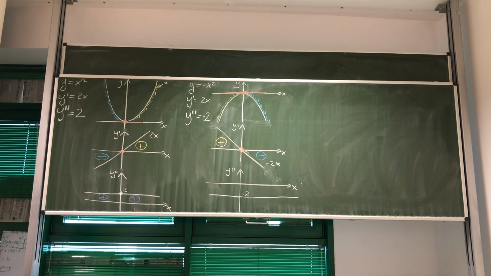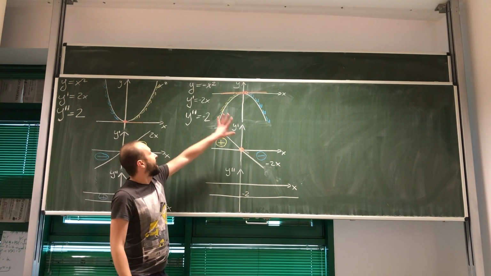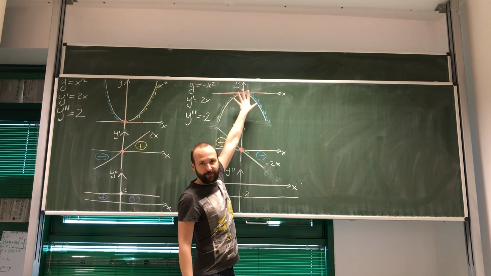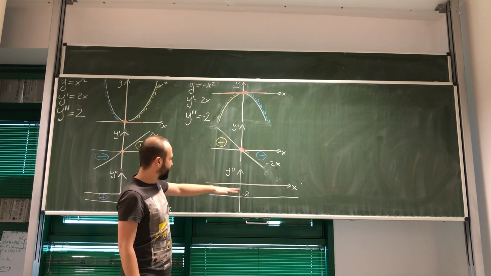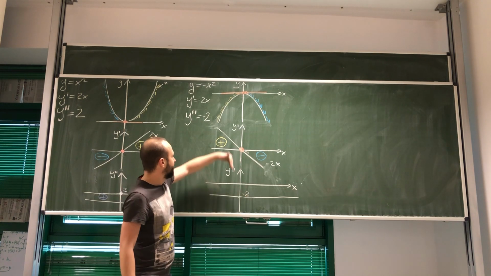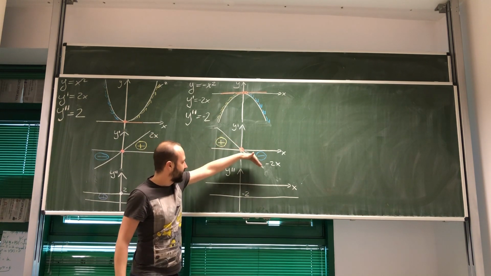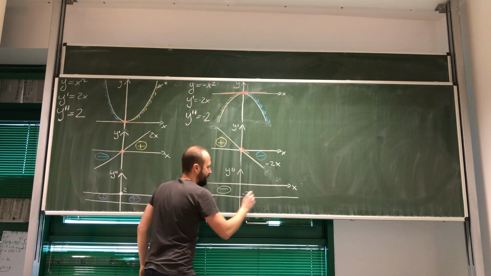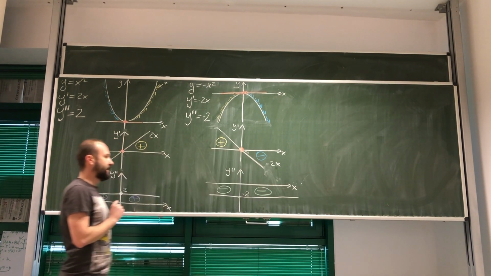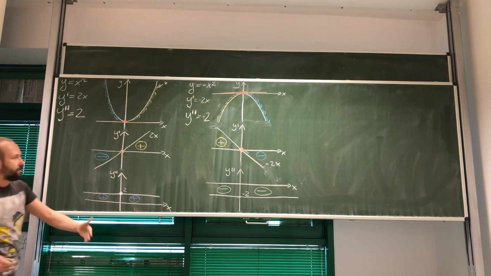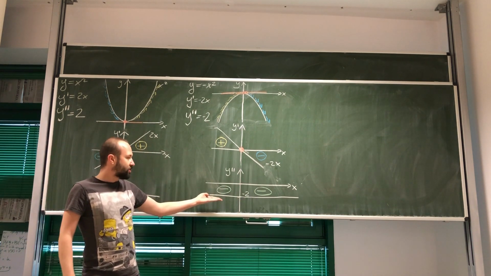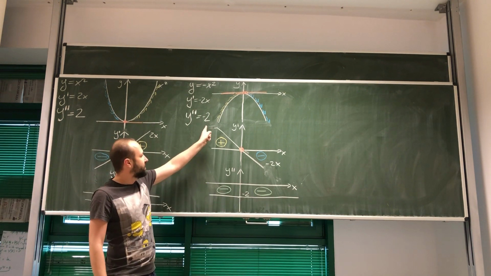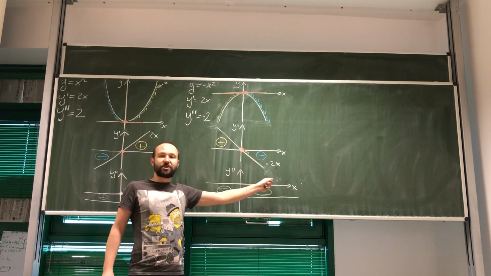And look, what can I say now? Again, for a second we forget about this, and look, this is the first derivative of this function, right? It tells us that it's always negative, right? So what does it mean for this function? If this is always negative, it means that this function is downward sloping.